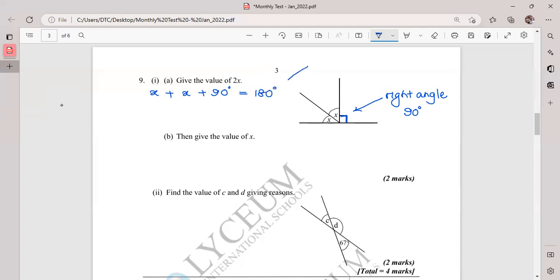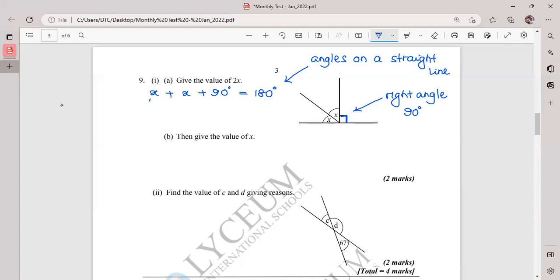What is the reason? Can you remember the very basic geometry theory? Angles on a straight line add up to 180. What are the three angles you can find on this straight line? x, x and 90.